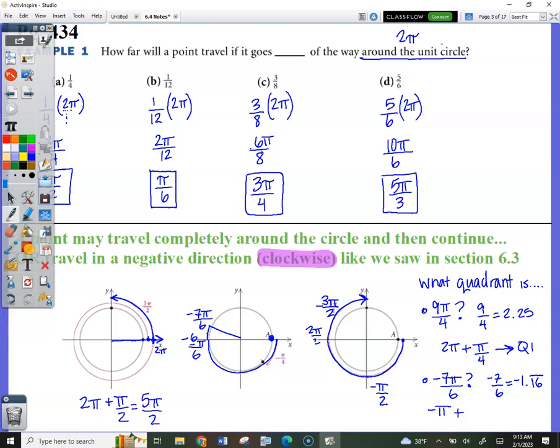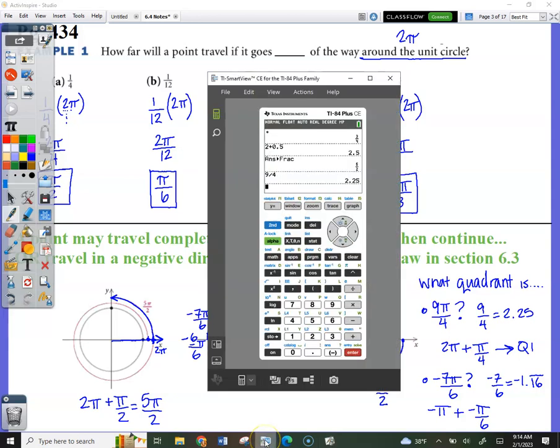So this would be plus a negative pi over 6. Go back to middle school and think of mixed fractions. 1 plus 1 over 6. Go to your calculator and test it. That's 7 over 6. So you can check yourself.